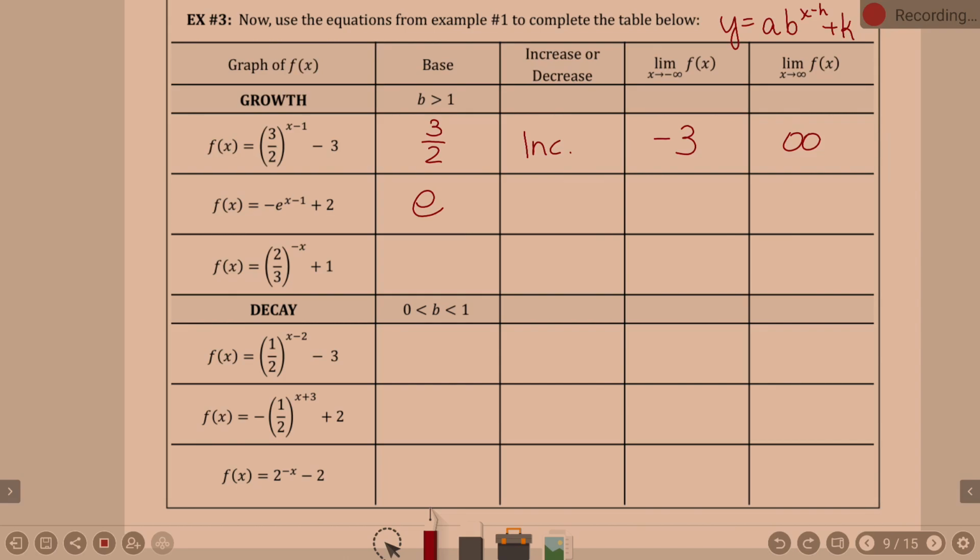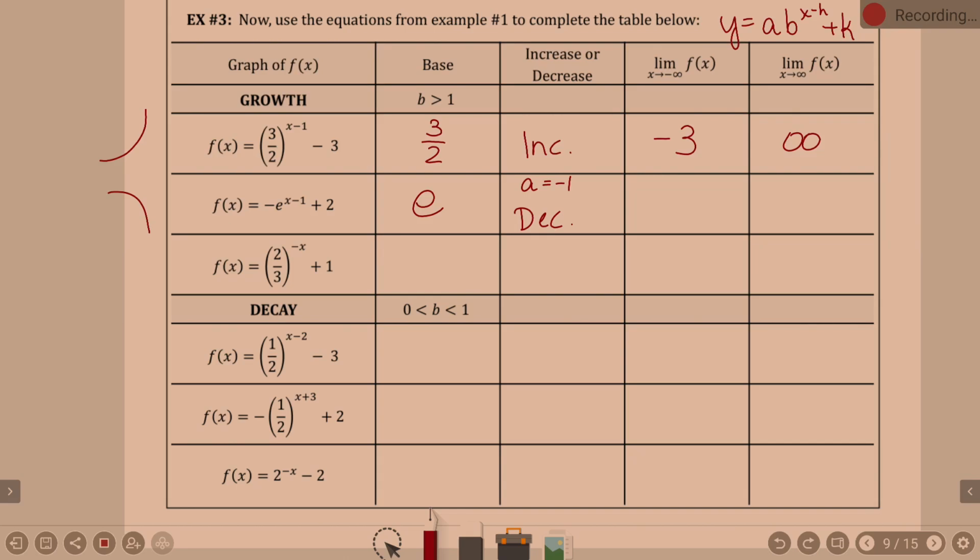That negative, so the fact that there's a negative out front, that's the idea of a is negative 1. And when that negative is out front, it's going to reflect it across the x-axis. So my graph that was going up like this is now going to go down like that. So that's decreasing.